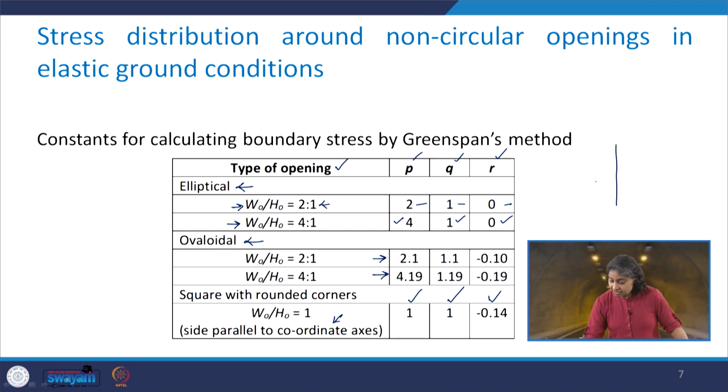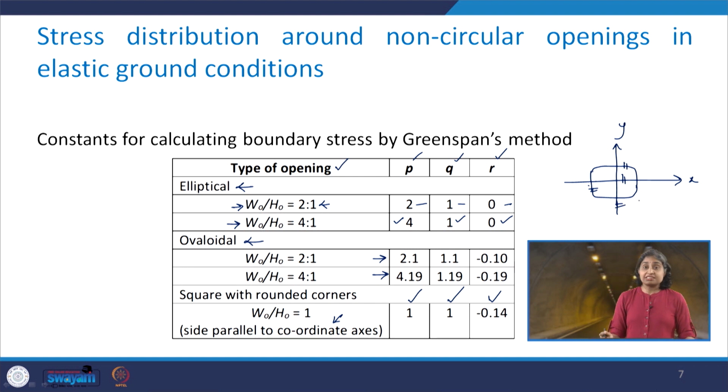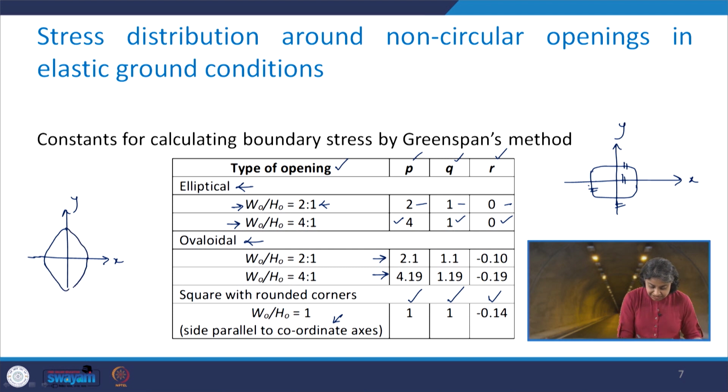Now here the condition is that the sides should be parallel to the coordinate axes. This means that if this is the coordinate axis, this side should be parallel to the x axis and this side should be parallel to the y axis. You can have another combination which can be something like this. So this is x and this is y, where you have the diagonals parallel to these axes.